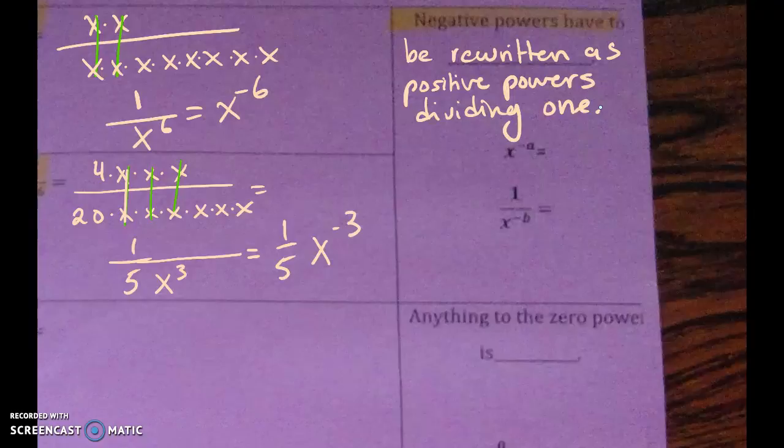But in general, right now, you just need to know that they can be rewritten in this way. Let's talk about a formal rule. X to the negative a can be rewritten as 1 over x to the power of a. 1 over x to the negative b actually becomes x to the power of b, right? It's positive.